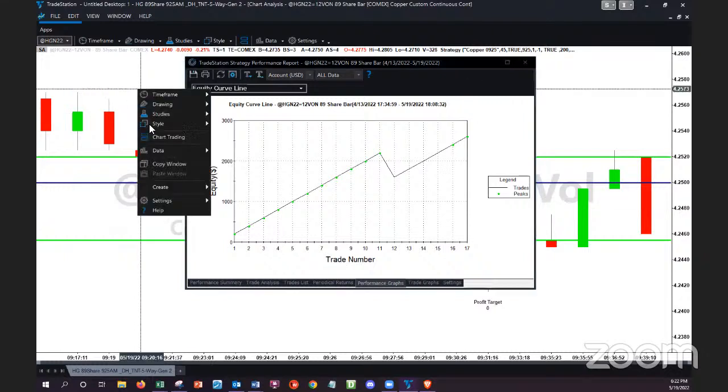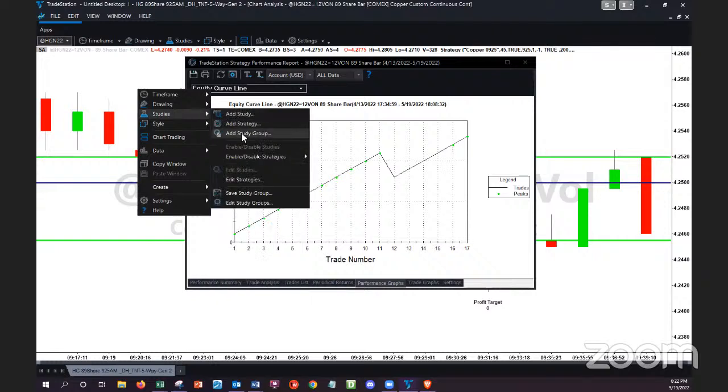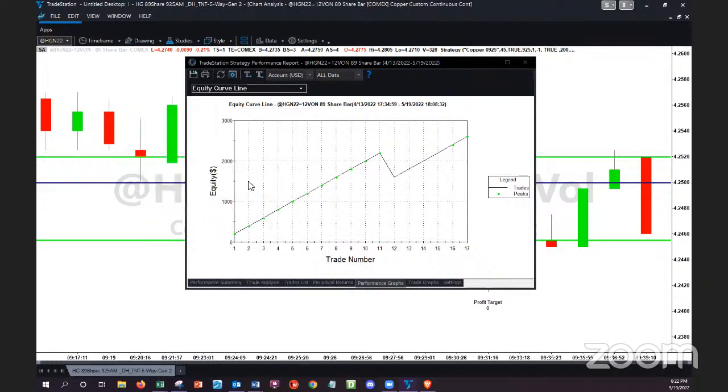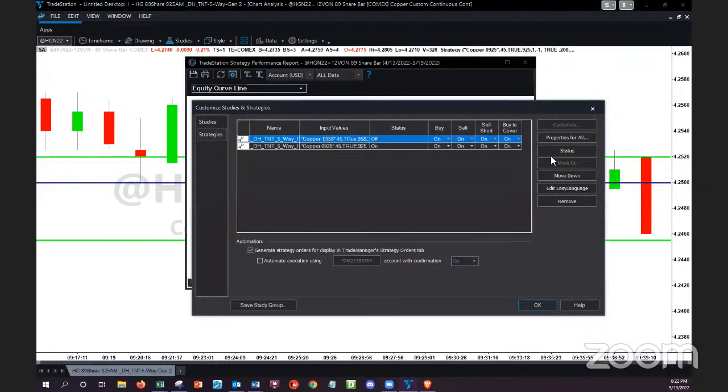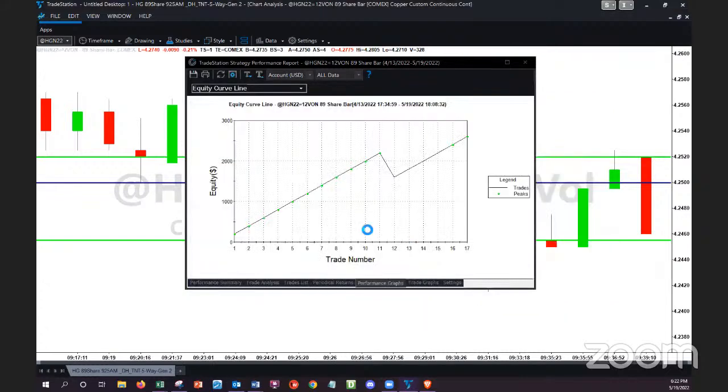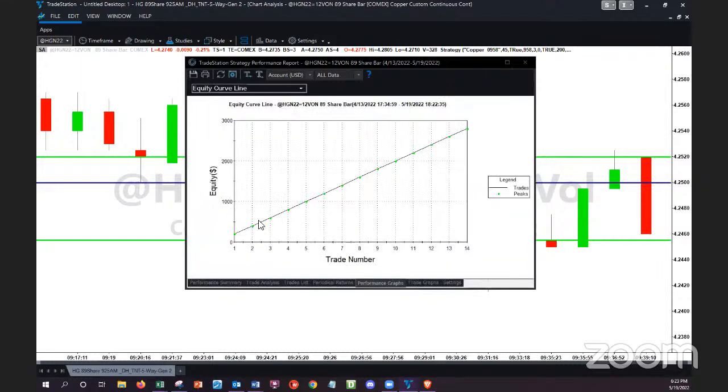But when we bring the other algo back online here, turn this one off. It shows me a straight line, but it does not show me a trade today.